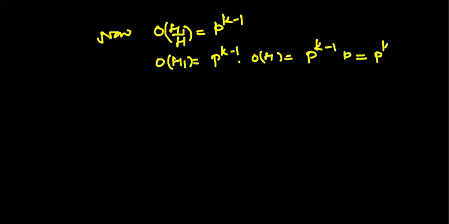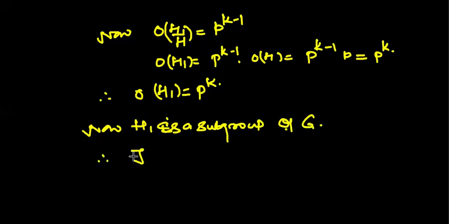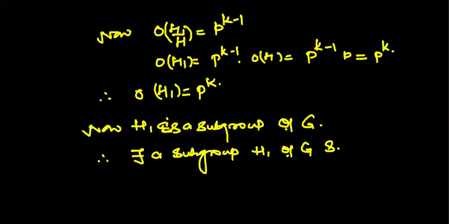This is p^k. Therefore, order of H1 is equal to p^k. Now H1 is a subgroup of G. Therefore, there exists a subgroup H1 of G so that order of H1 is equal to p^k.